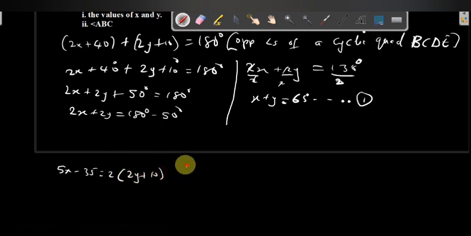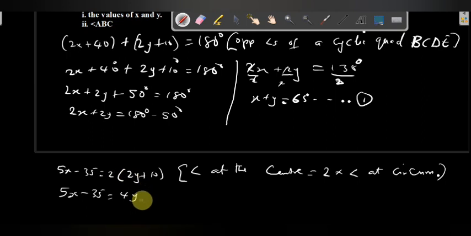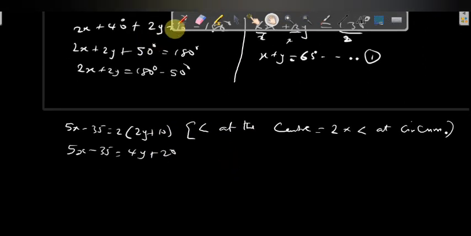So let's state the reason: angle at the center is equal to 2 times angle at the circumference. Okay, so let's work this. I'm going to have 5x minus 35 equal to 4y plus 20. 2 times 2y is 4y, 2 times 10 is 20. So let's simplify it.